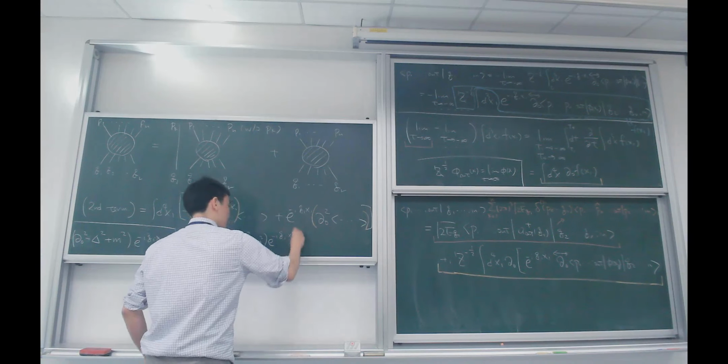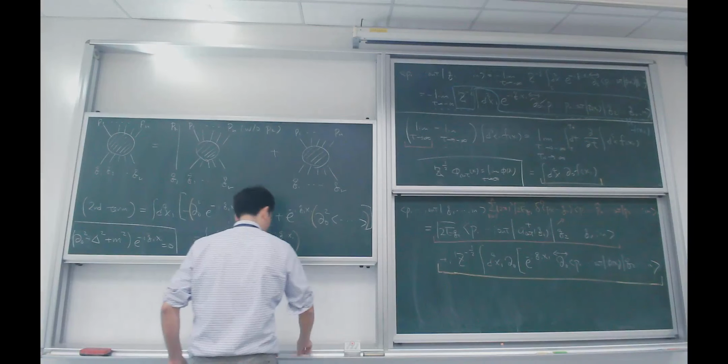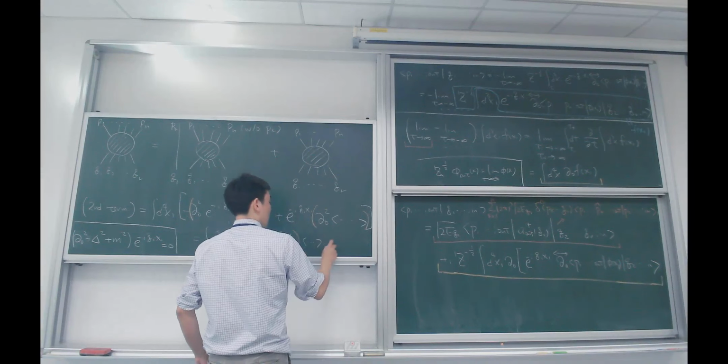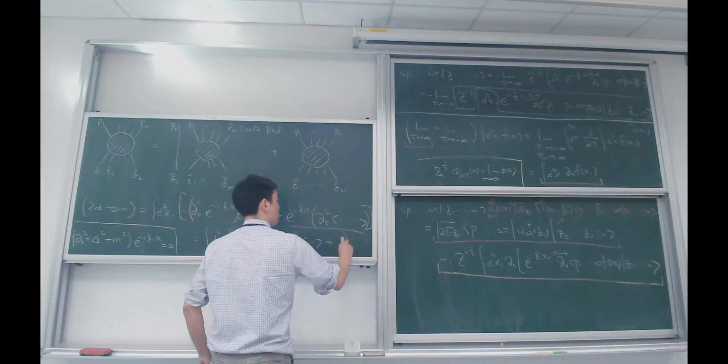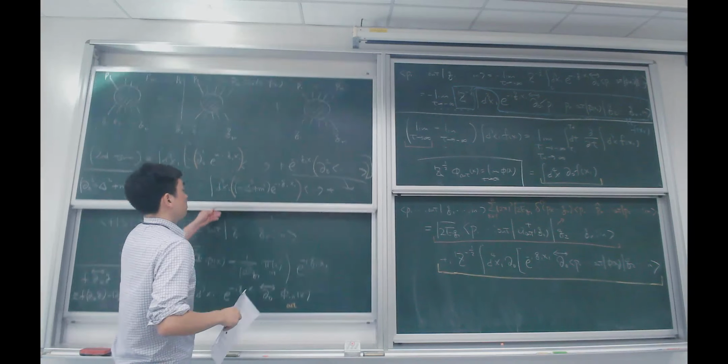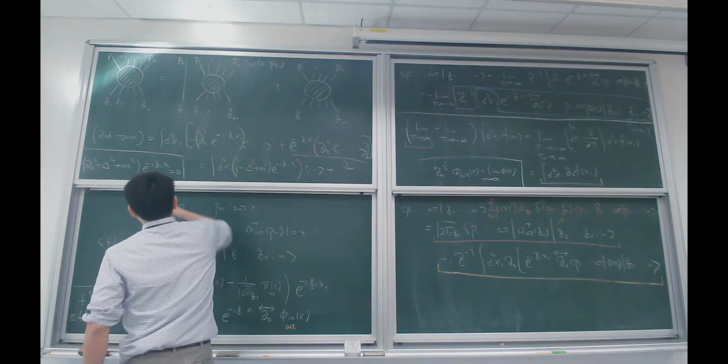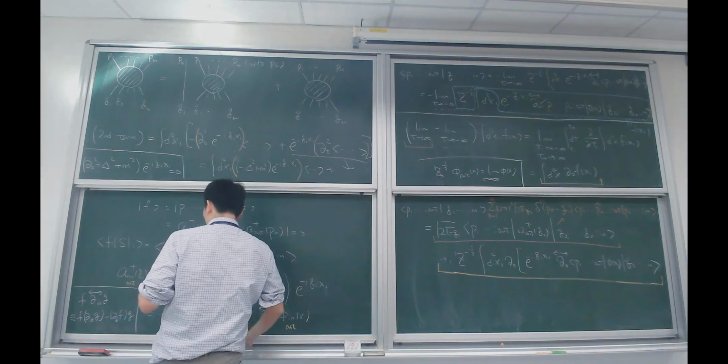Of course there's an overall bracket here and so on. And plus, this side is the same as before. Just do that, and then you can do the integral by parts.